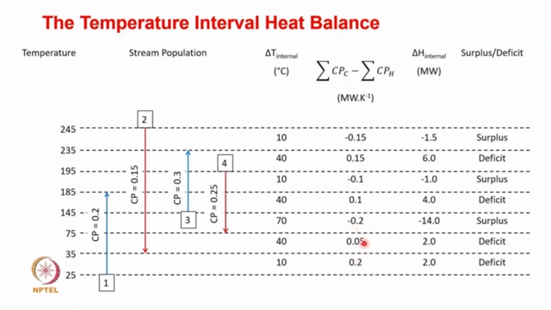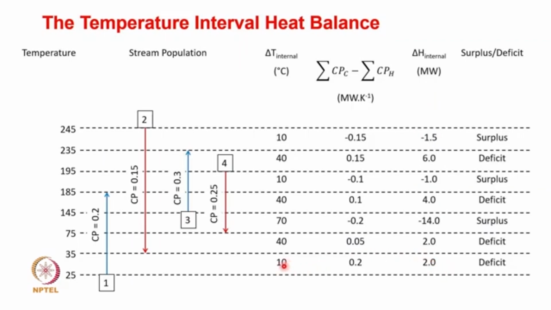So this is how you develop the CP differences or delta CP, and multiplying the delta T by the CP gives you the delta H of each interval. You can see that 10 times minus 0.15 would be minus 1.5, and for instance 10 times minus 0.1 is minus 1, and you develop this particular column.